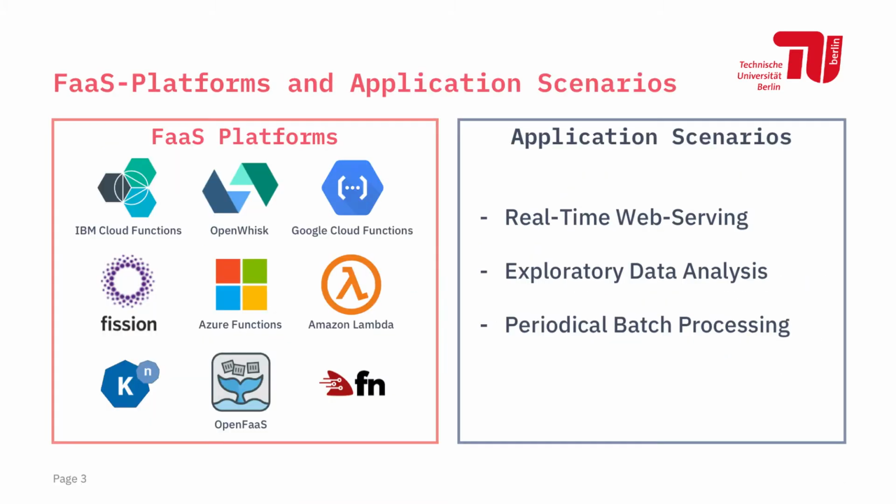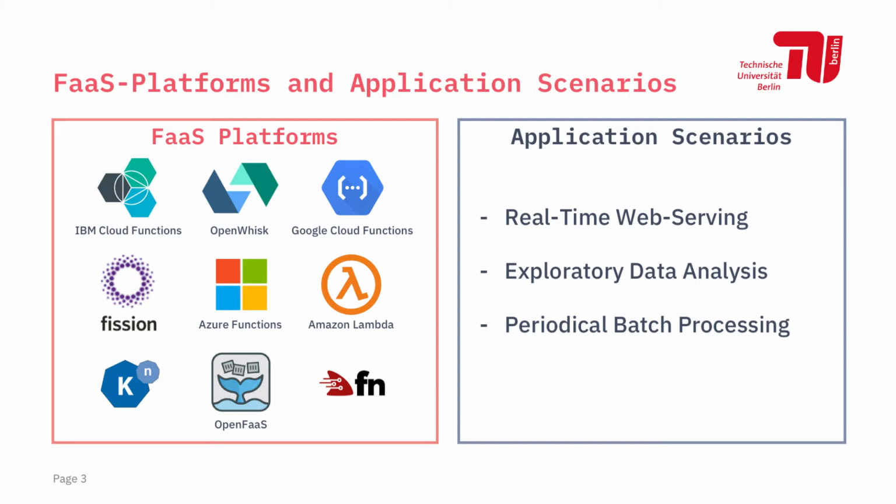Function as a service is a relatively new paradigm in cloud computing, and many platforms already exist, both commercial and open source. For example, IBM Cloud Functions or Amazon Lambda are commercial solutions, but there are also open source solutions like OpenWhisk or Knative. Currently, some applications are already using FaaS, mostly async processing and non-real-time web serving use cases.